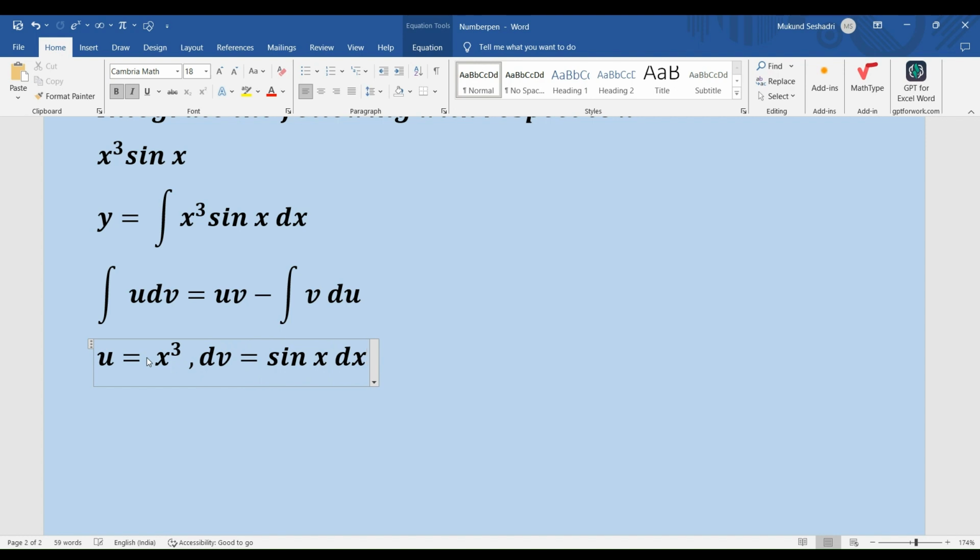Well, pause here for a minute. I know that when I expand this using integral by parts, my integral of v du, which is the second part of the RHS, will still not be in a format whose antiderivative I will know from first principles, right?